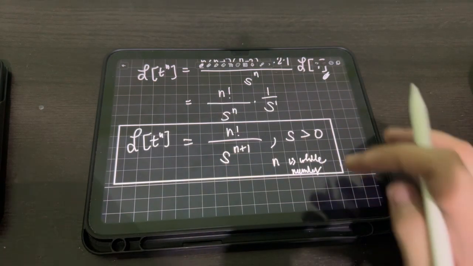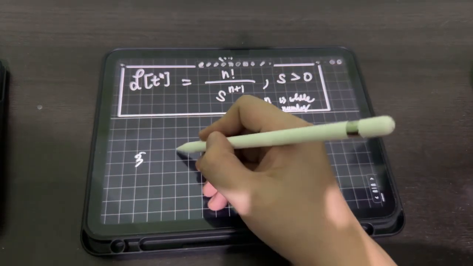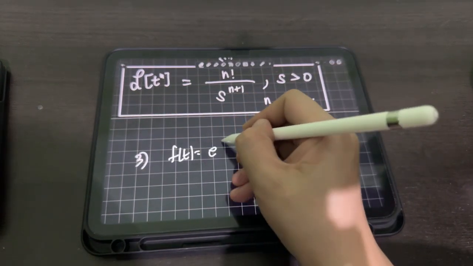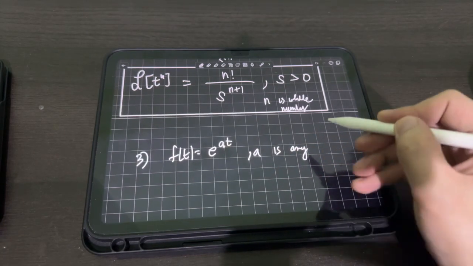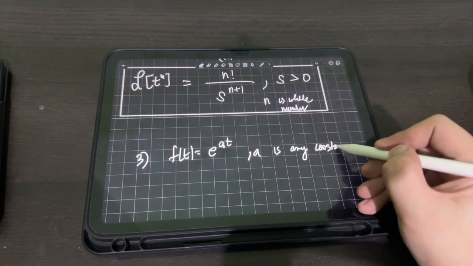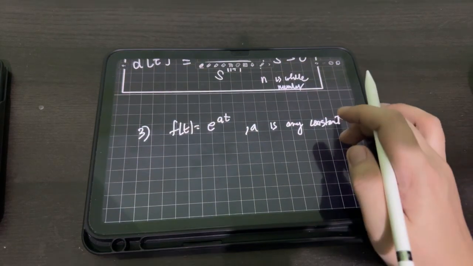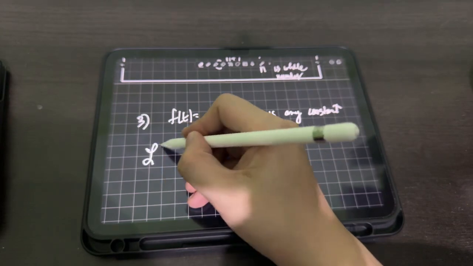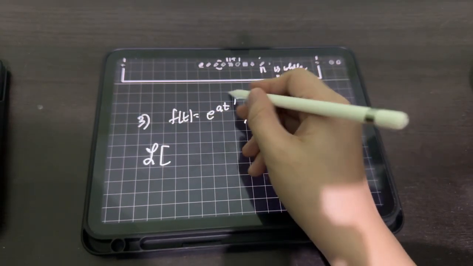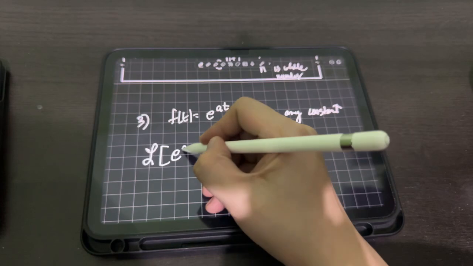Next, what if f of t is e to the at, where a is any constant real number? So we will apply the definition again to find the Laplace transform of f of t, which is e to the at.